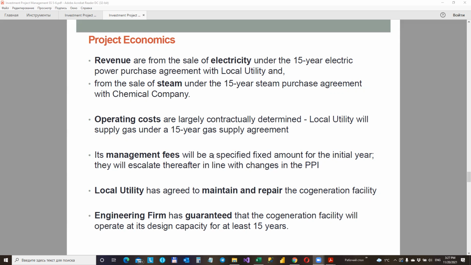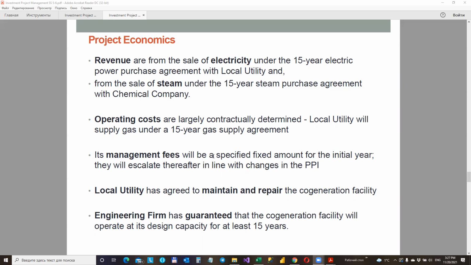So again, highly predictable. The local utility will operate the cogeneration company. Its management fee will be a specified fixed amount for the initial year, and it will escalate thereafter in line with changes in the PPI. So we have already settled in contractual documents the prices for the output purchase agreements and for the management agreements.